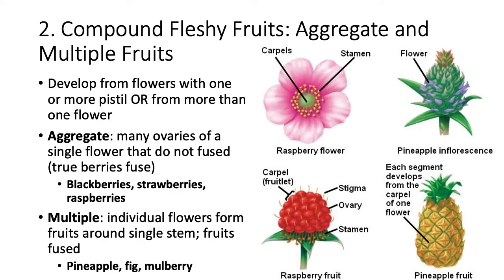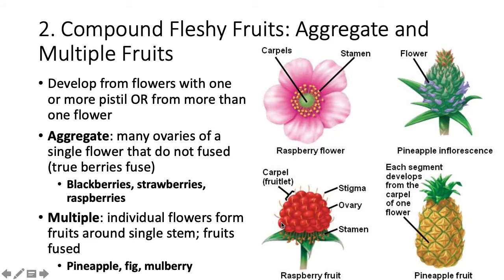That fruit develops from the flowers with one or more pistils, or from one or more flowers. So the aggregates come from one or more pistils or one or more ovaries, and they don't fuse. True berries, they do fuse, but in aggregates, they're separate.